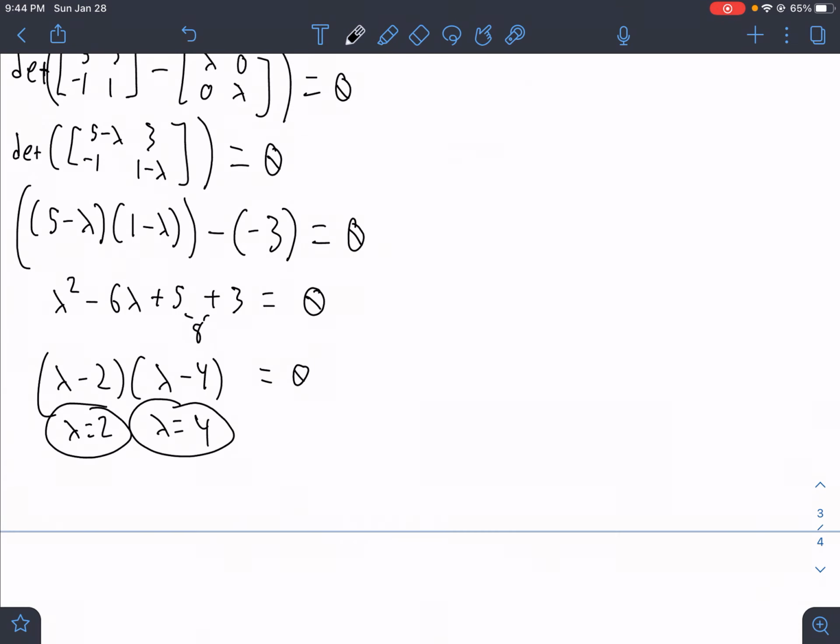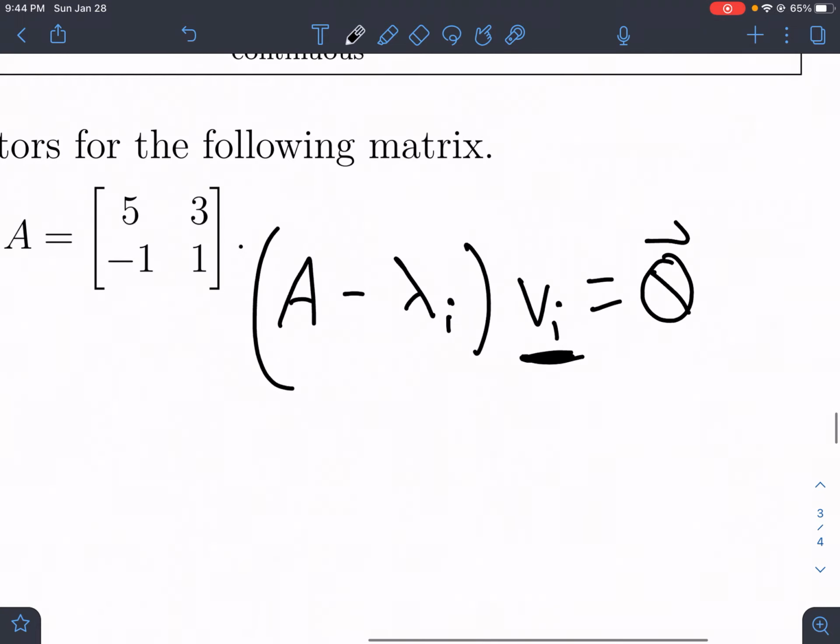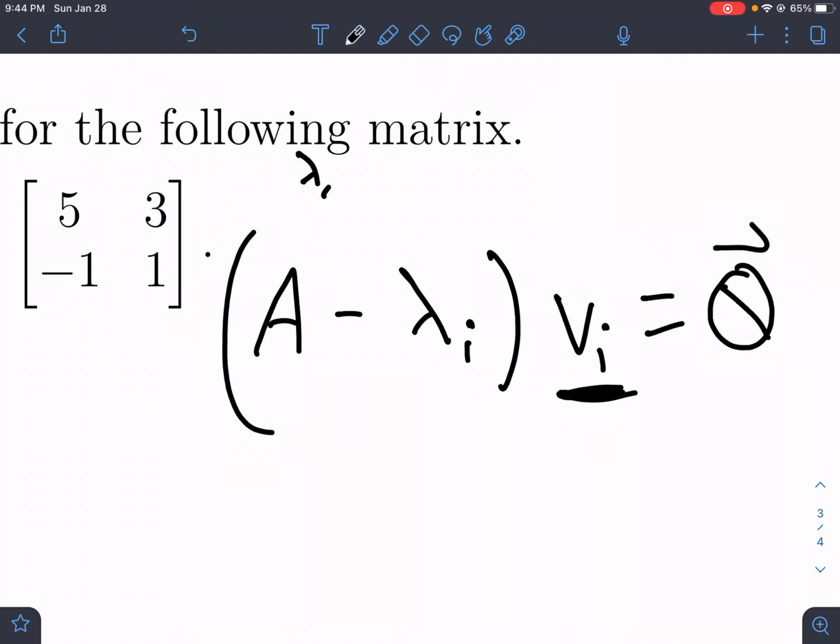And what we're going to do first is we're going to label our eigenvalues. Now, it doesn't actually matter the order you label them in, but for other things in the future that we might end up doing, you should label them in descending order. So our first one, lambda 1, is going to equal 4. And our second eigenvalue, lambda 2, is going to equal our lower value, which is 2.